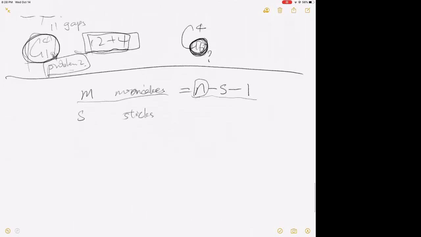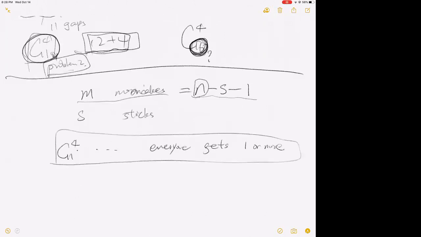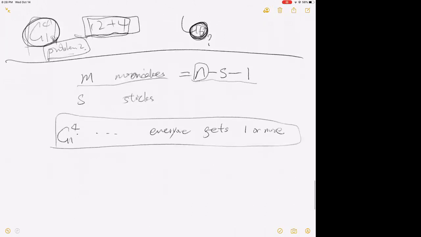Good idea. So I start with 11 choose 4. 11 choose 4 is everyone gets 1 or more, right? Yeah. Then that's how many ways we can have it. And then you said you need to add the number of ways that someone could get 0.